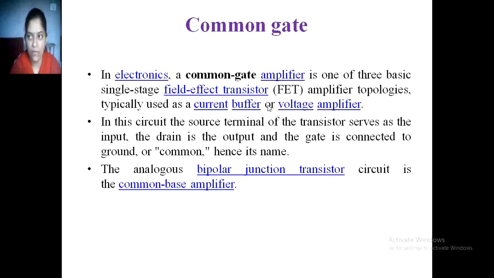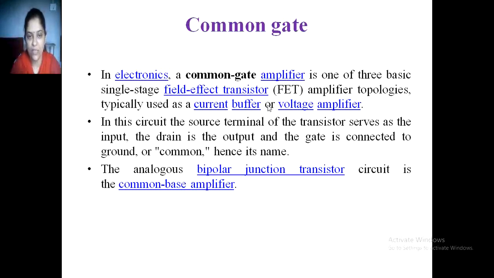So to make the 4 terminals, one terminal must be common for the input and output. Here the gate terminal is common between the input and output, so the configuration is known as the common gate.